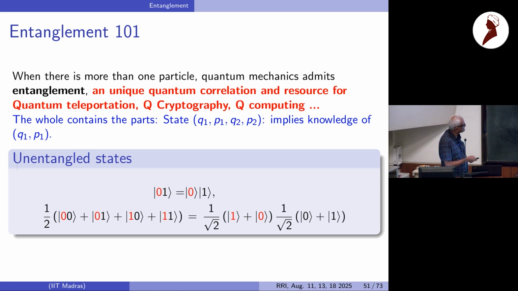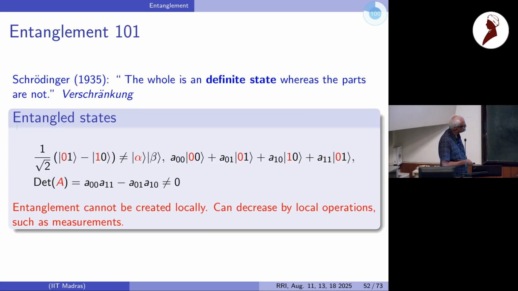For example, this second state is also unentangled because it can be written as 1 plus 0 tensor product 0 plus 1, and therefore this is also an unentangled state. Entangled states cannot be written as tensor products of pure states. That's, for example, the famous singlet state. You cannot write this as a product.